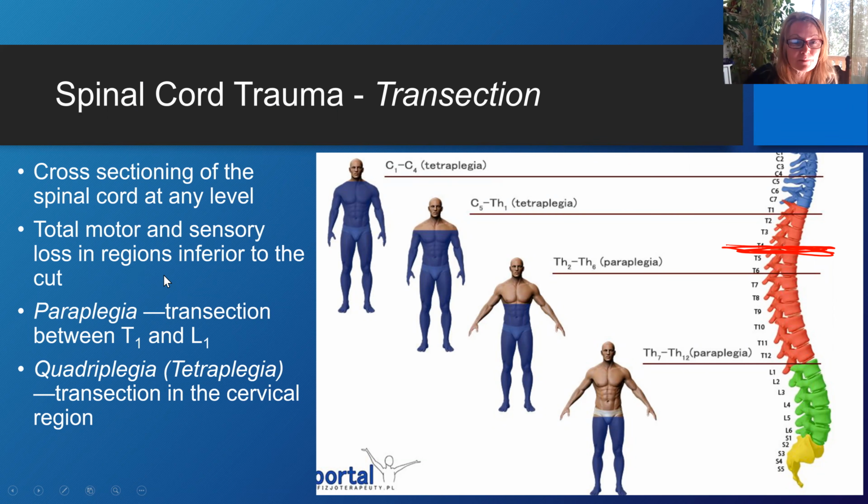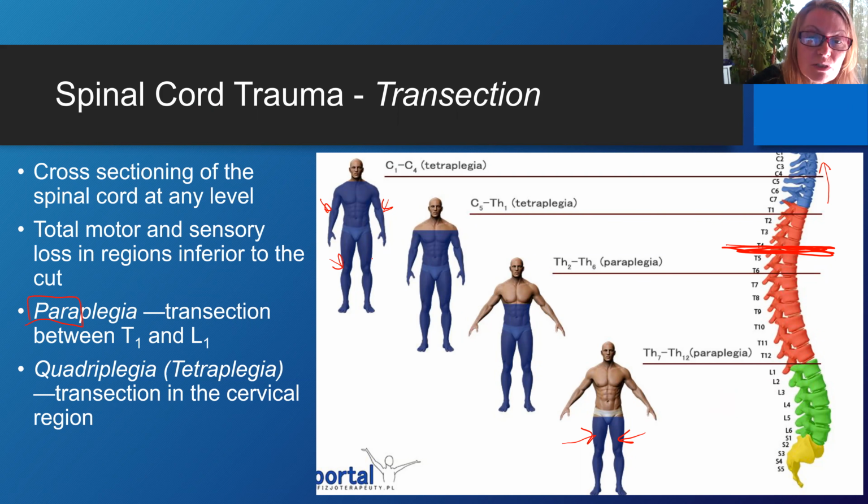No sensation, no motor function. And paraplegia, para means only two extremities are affected, like over here, only legs, but arms are functional. And this needs to be damage of the lower part of the spinal cord, T1, L1, right? But if it's above T1, right there, then you will have quadriplegia.